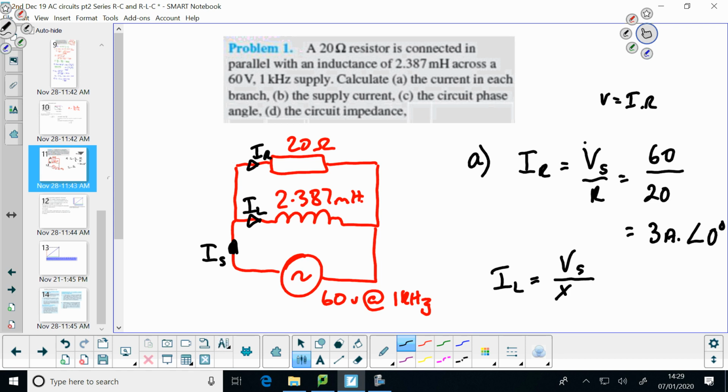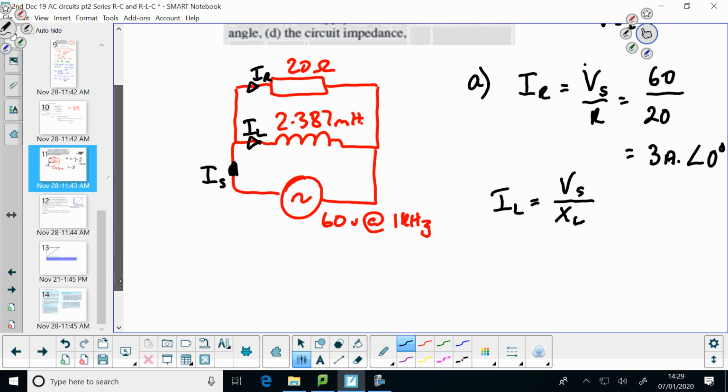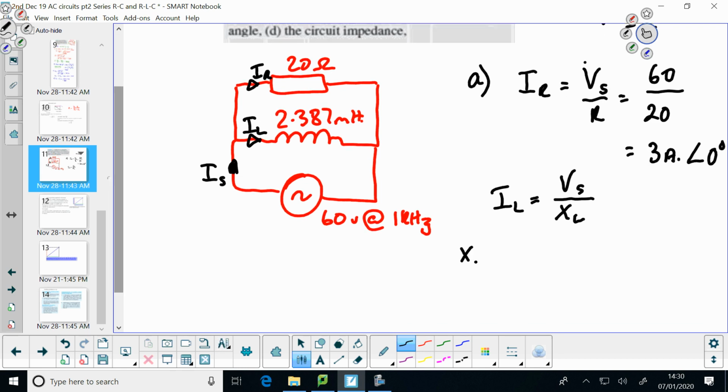Remember, XL, inductive reactance. Remember that from before Christmas? How do we calculate XL?